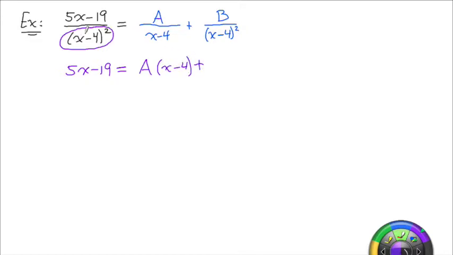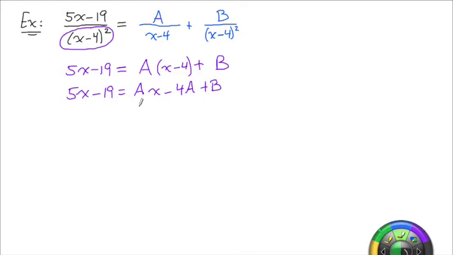When this factor hits the fraction b over that x minus 4 squared, they're both going to cancel and you're just going to be left with b by itself. Now this is probably one of the easier types because, well, b's by itself. All right, so if we expand, we're going to get 5x minus 19 is equal to ax minus 4a plus b.